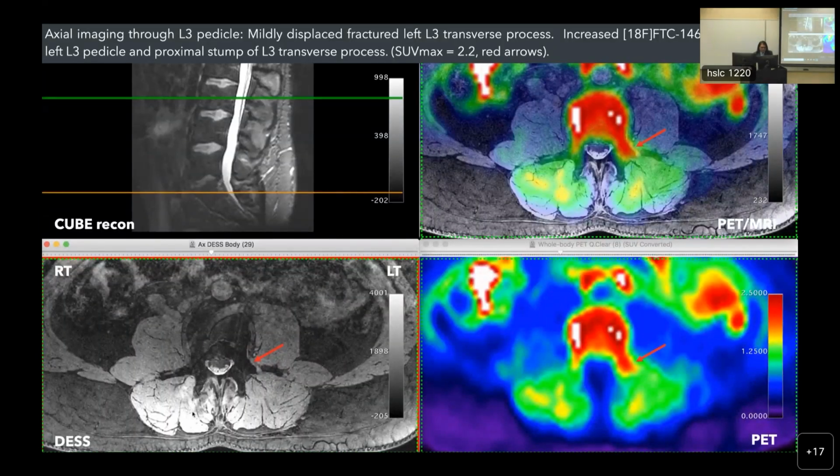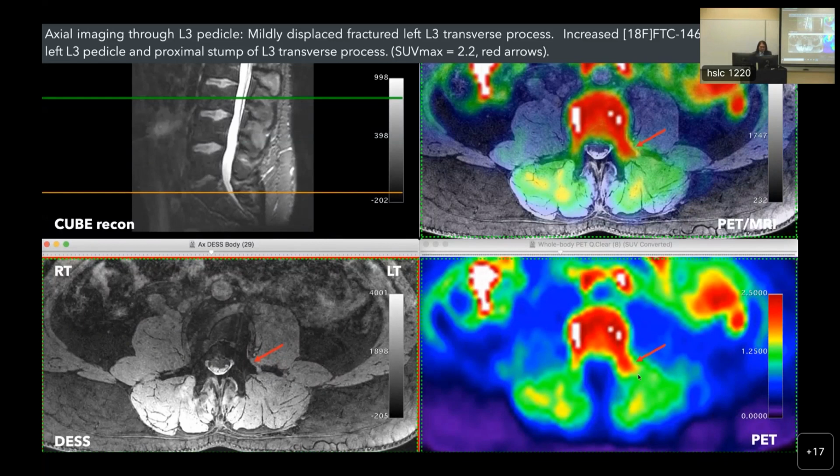Here we show on this axial image through the spine, there's a fracture of a transverse process. He actually had a whole series of these in sequence from, I believe, L2 to L4. There were fractured transverse processes, but if you were to palpate or push on his back at each level, only one of them really elicited a painful response.